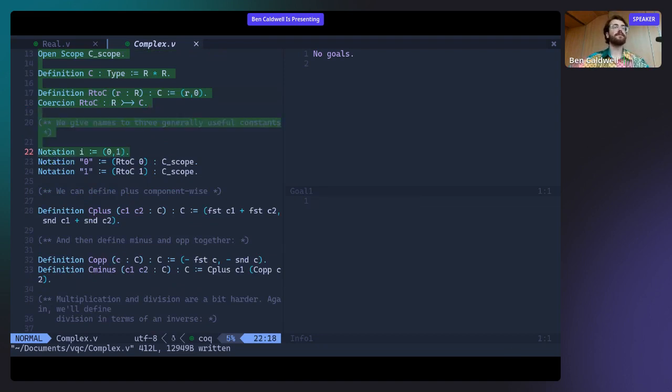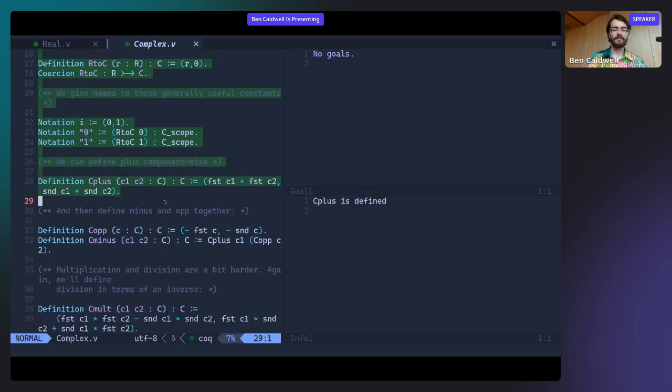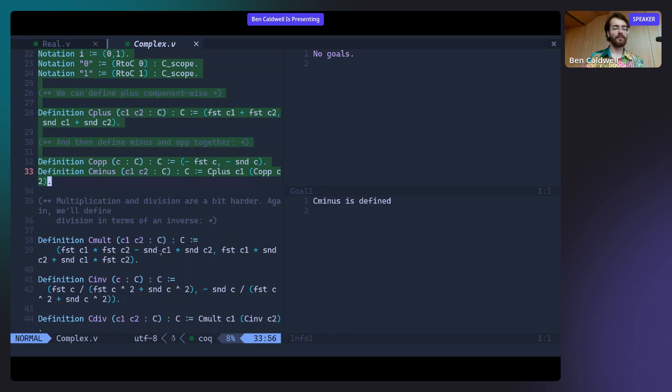If you have 1 for b and 0 for a, it's just I. We have some notations for 0 and 1. And then plus will be defined component-wise, and we're just reaching back into the underlying representation as a pair of reals in order to accomplish all of this.